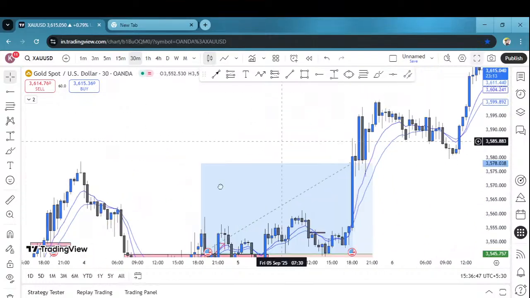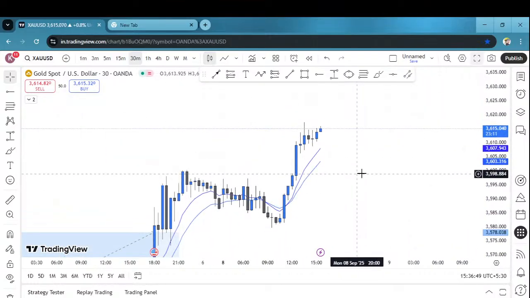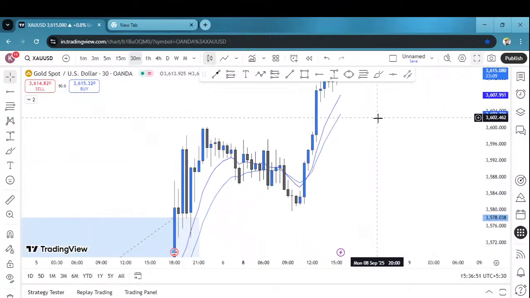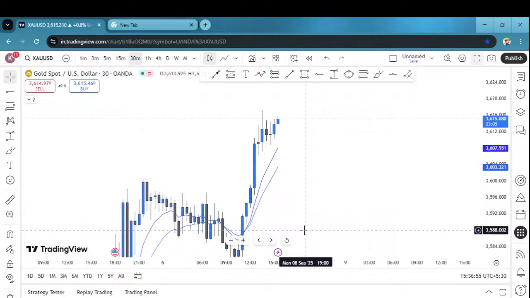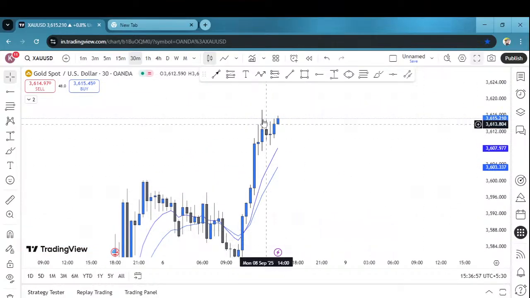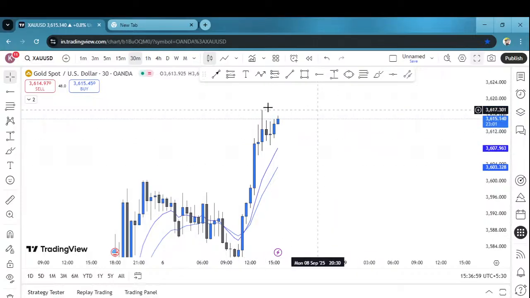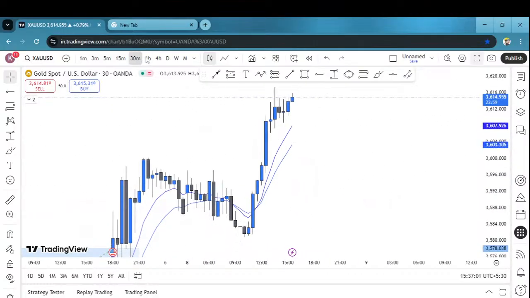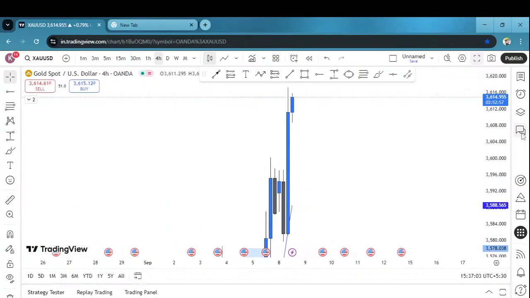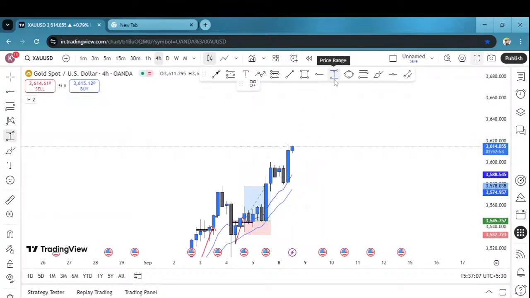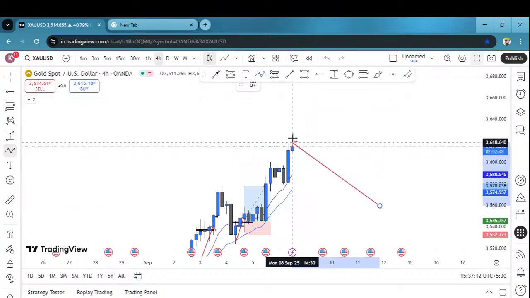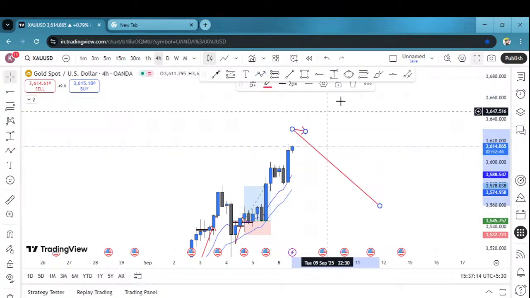So let's look at what's happening right now. Yeah, okay. So for swing trades, it's not an ideal area to enter, but if you look at this candle, we can expect the next candle to go bullish as well, but it's risky.